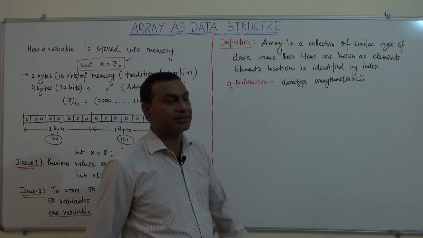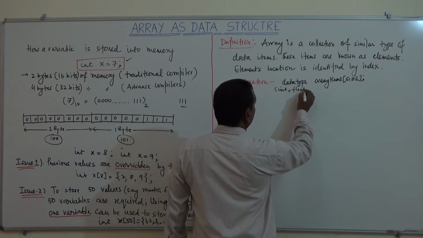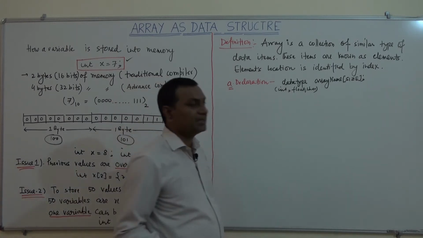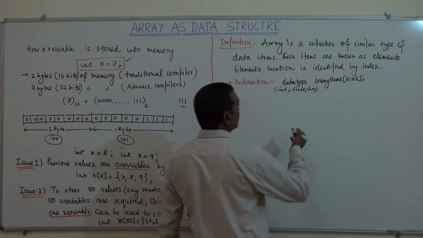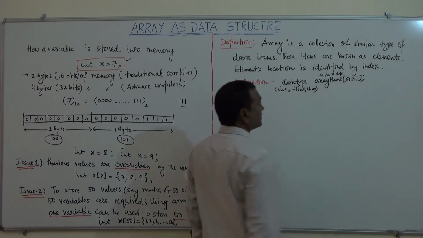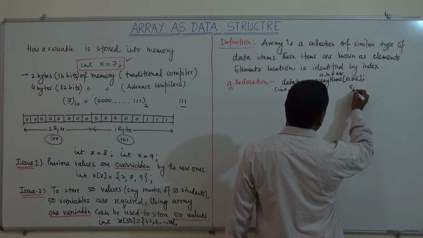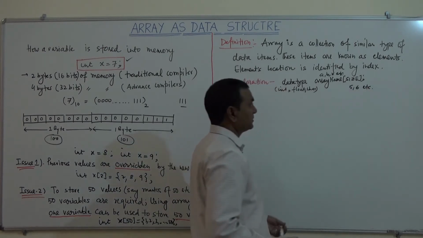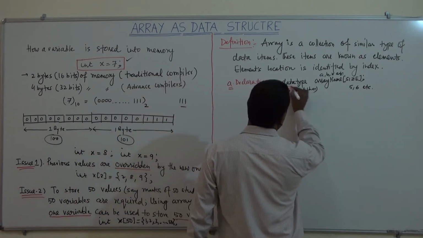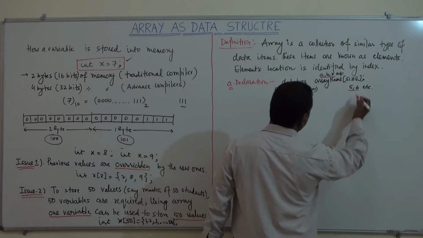This is the data type, and this may be like integer, float, character, etc. And the name may be any name, like this may be a variable like a, b, x, etc. And the size may be like 5, 6, etc. So this is the simple declaration. This is the data type, then its name. The name may be a, b, x, etc. and this is the size.